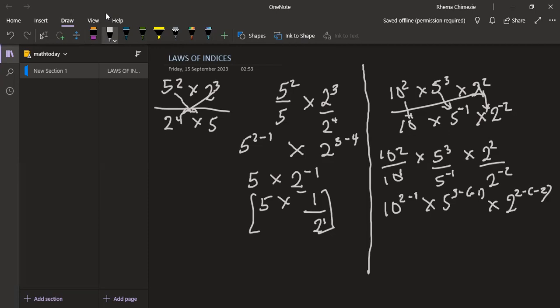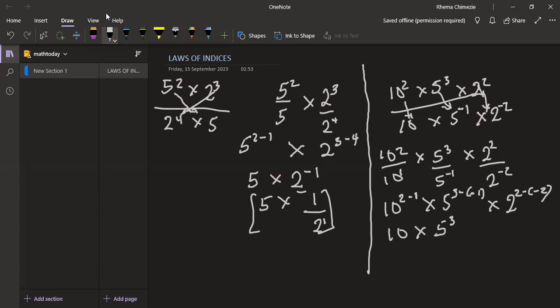Let's take the first one. The first one gives us 10 raised to power 1, that's 2 minus 1, so you can just leave it the way it is. 10 raised to power 1 is the same thing as 10. Then we also have 5 raised to power 3 minus minus 1.